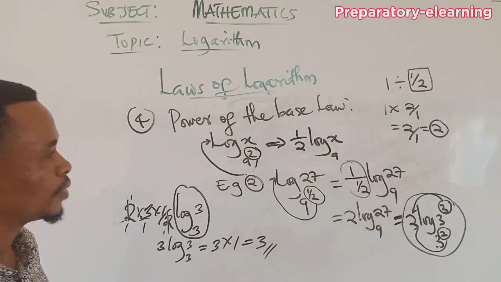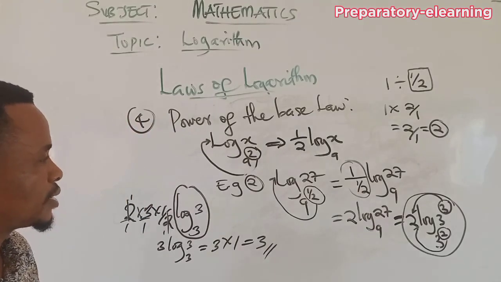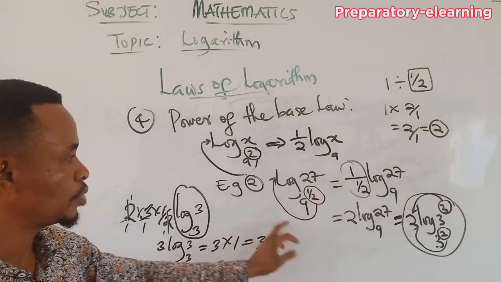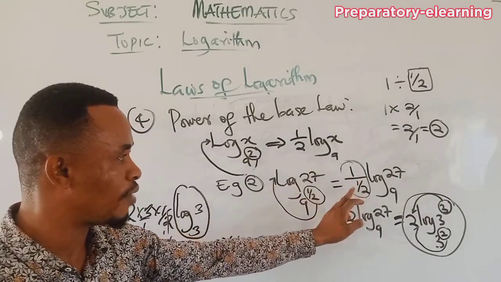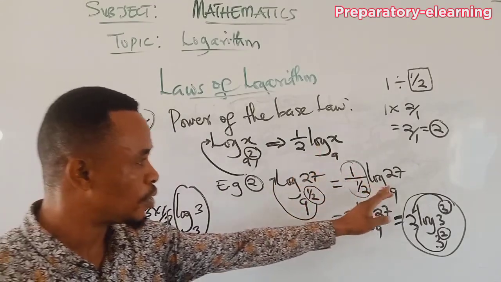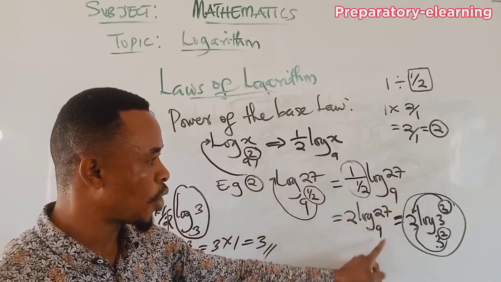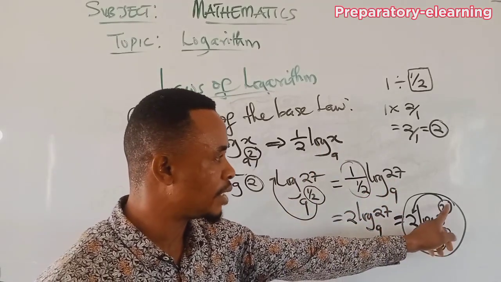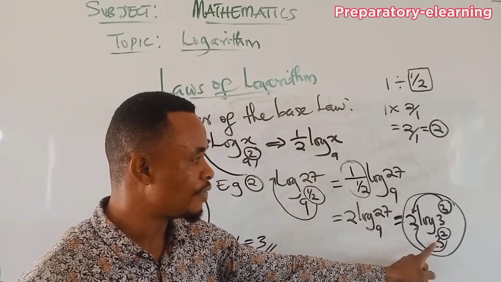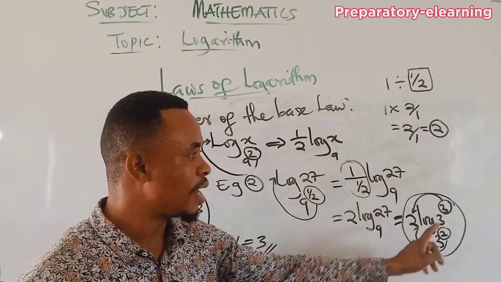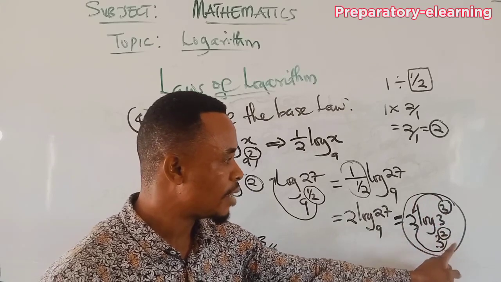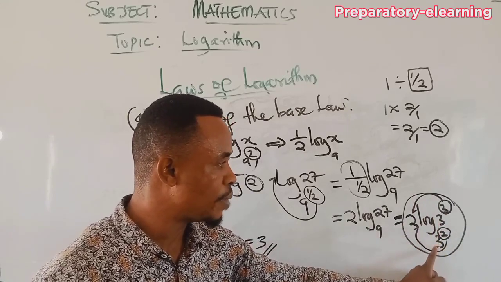It is very simple. You still maintain the law the way it is. First, move this 1 over 2 to come behind the log. You have 1 over 1 over 2. You continue, then break down 27 and break down 9. So its lowest term, you have 3 power 3 for 27 and 3 power 2 for 9. Now you move the powers away from the number and from the base.